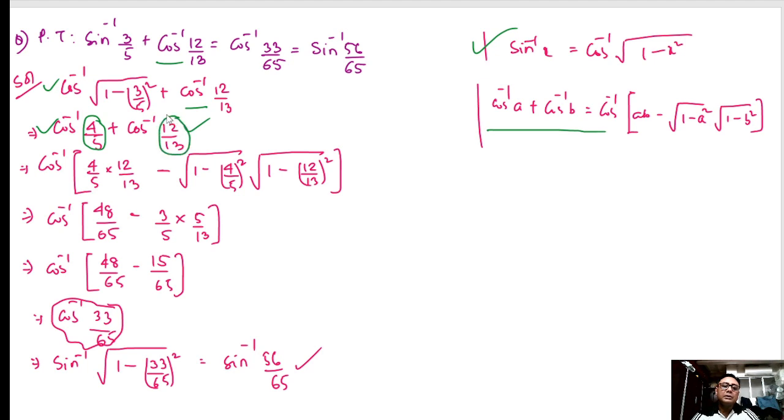Solving it we get cos inverse 33 by 65, but I need sine inverse. So sine inverse will be root over 1 minus this x square. Solving this, we are using this formula: cos inverse x is sine inverse root over 1 minus x square.